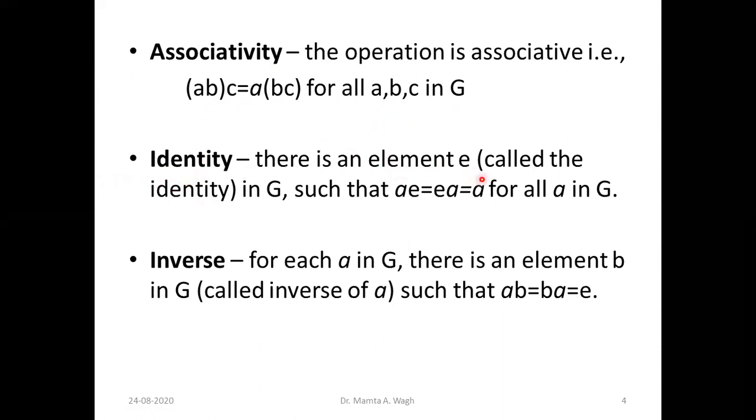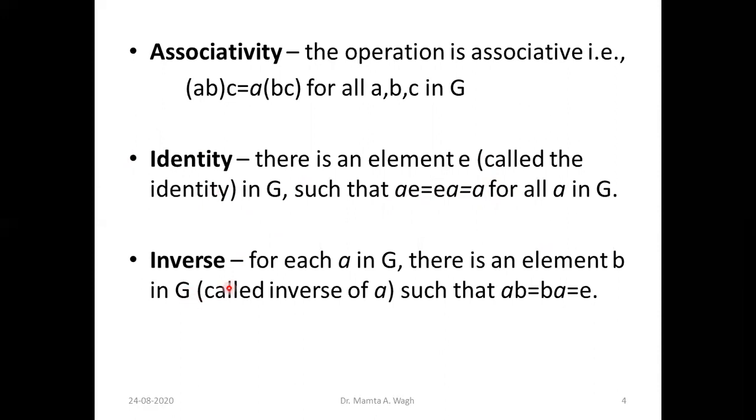There is an element E in G, the identity element, such that AE equals EA equals A for all A in G. It does not change any other element of the group. Whether you multiply this identity from the right or from the left, the element is the same. AE is the same as EA, the same as A. So it is not affecting your element A. Such an element is called the identity element. So you should have an identity element in that set.